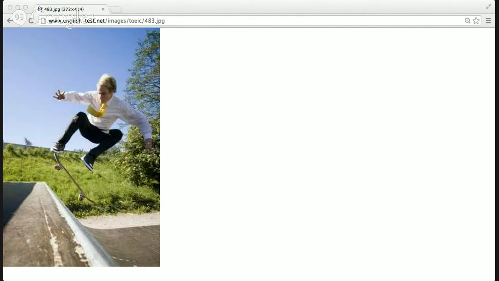He is wearing a tie, a shirt with long sleeves, but he's wearing casual shoes, and he is just practicing the skating board.